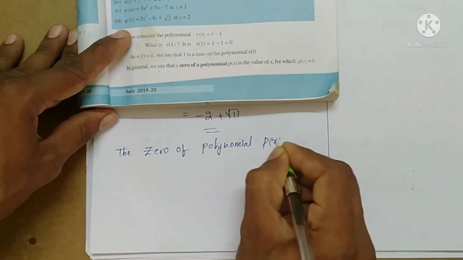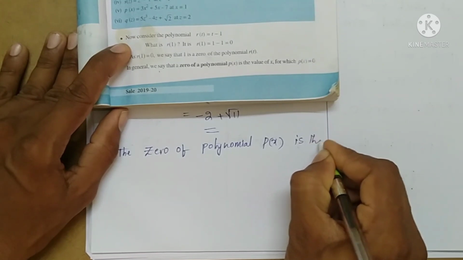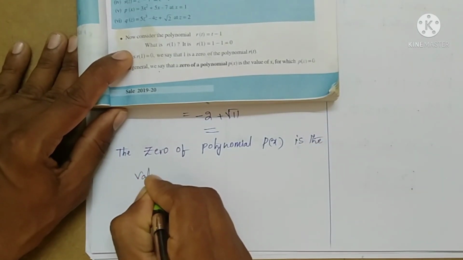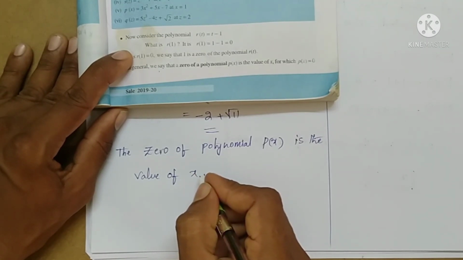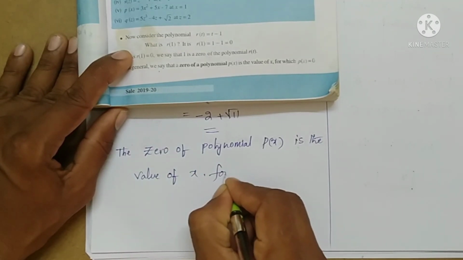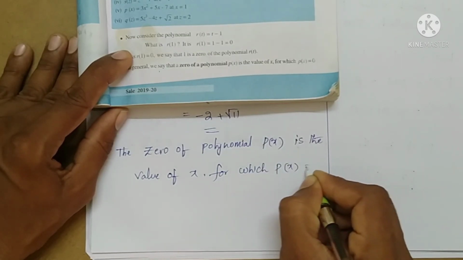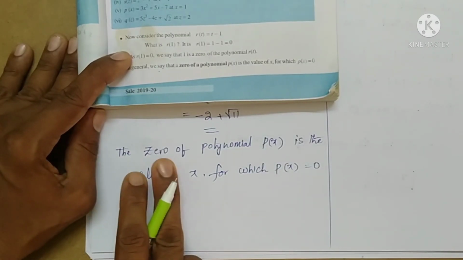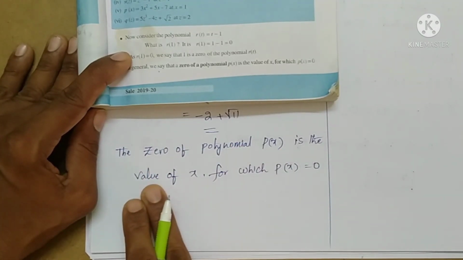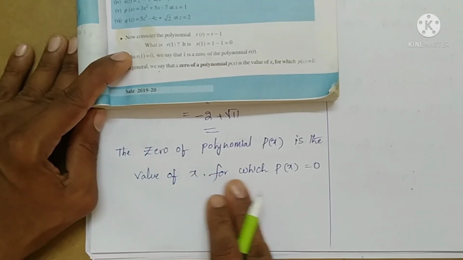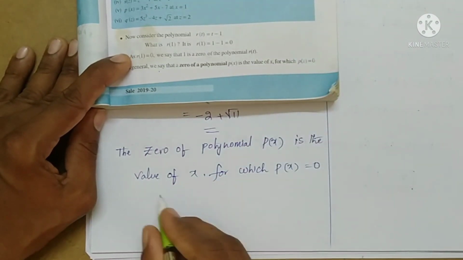The value of x for which p of x is equal to 0 is called a zero of the polynomial. So let us see one example.